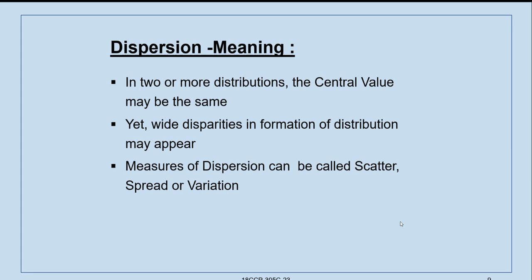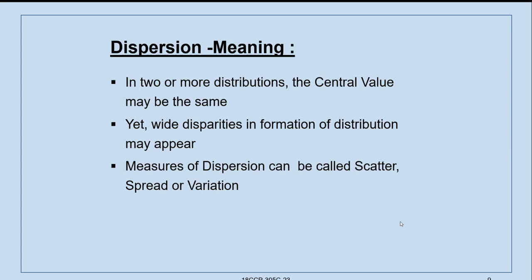So this difference may be because of so many things. First of all, the height of the person, the height at which the person is dropping. For example, one may have dropped from the head height, one might have dropped from the chest height, one might have dropped from the knee height, and so on. So there is variation in all these types of distribution. That disparities in formation of distribution may appear.